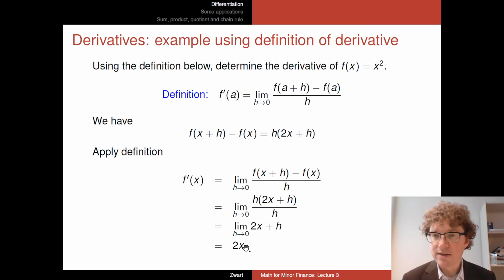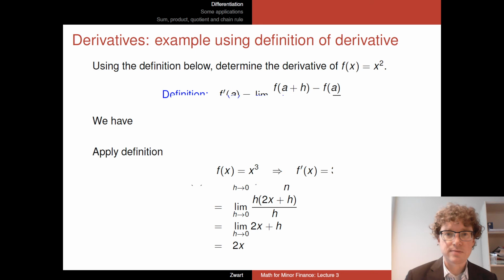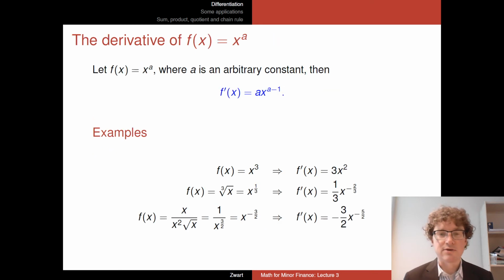And that might be something that you recall, or that you have seen before in high school, I guess. So the derivative of x squared is 2x. We can do this more generally for any power function of x. So say x to the power a.